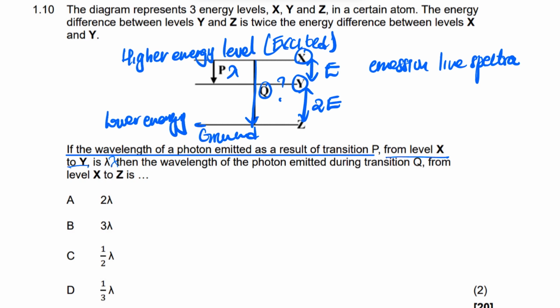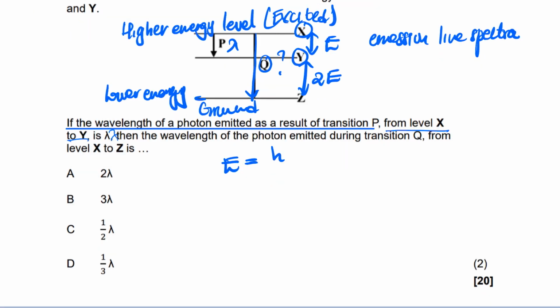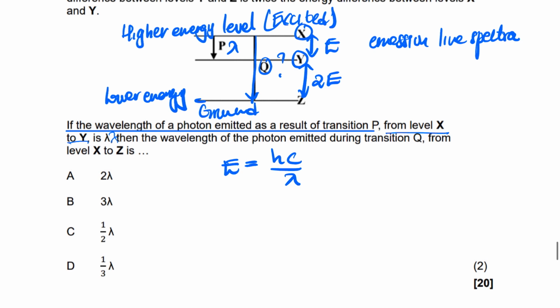Guys, we can associate the wavelength with the energy from the formula that says energy is equal to hc over lambda. If you see there, the energy is inversely proportional to the wavelength. So the greater the energy, the smaller the wavelength. The smaller the energy, the longer the wavelength there.